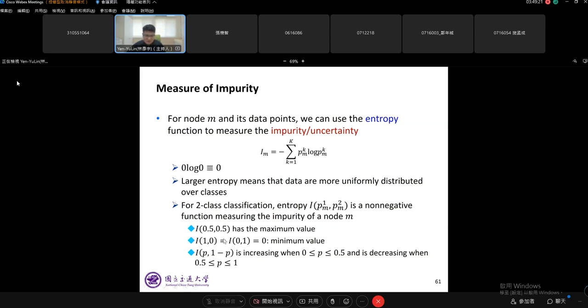So in general, let's consider the probability of one class is P. The other class is 1 minus P. This value is increasing when P is between 0 and 0.5, and is decreasing when P is between 0.5 and 1. Okay, so this is the definition of entropy.